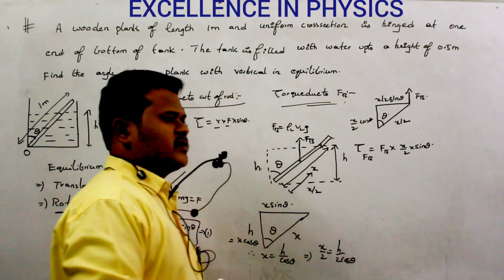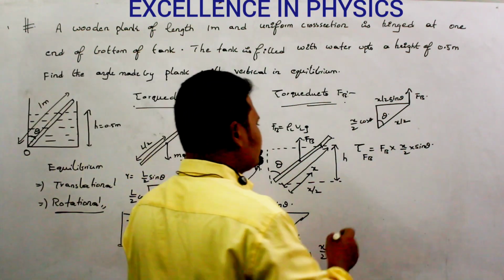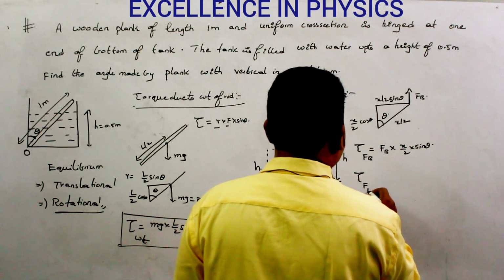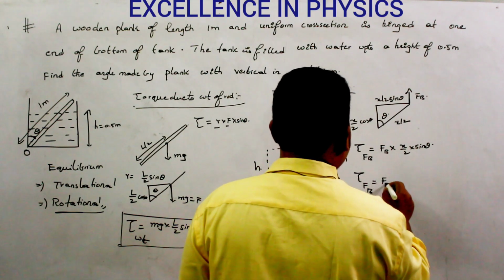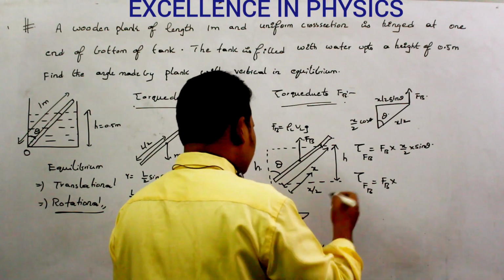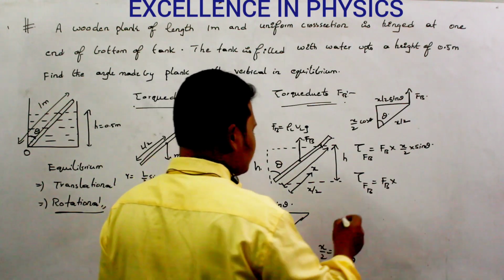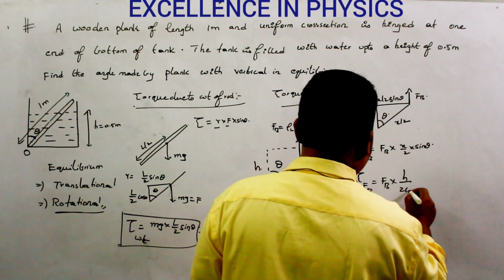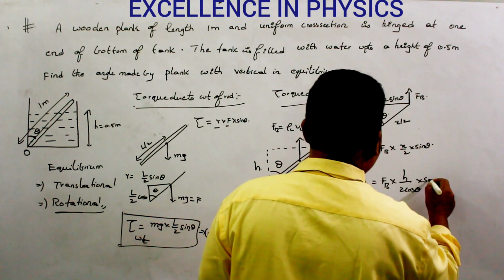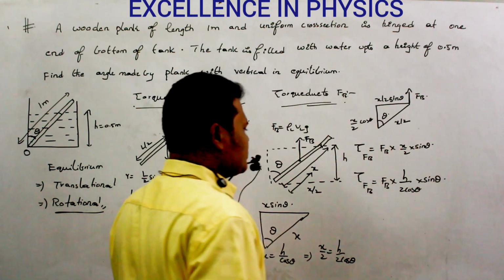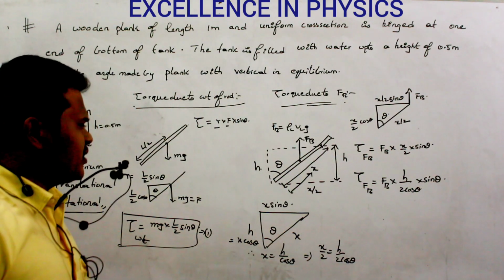So the torque produced due to the force of buoyancy is the force of buoyancy into h by 2 cos theta into sin theta. This is the value we got.